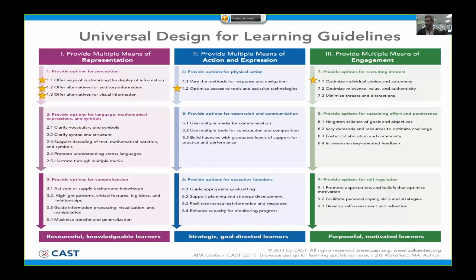So part of the guidelines I took, we've seen a lot of the aspects, and I highlighted, I made these stars myself: offer ways to customize information, alternative audio accessibilities, alternatives for visual information, optimize accessible tools and assistive technology, and then optimize individuals' choice and autonomy.